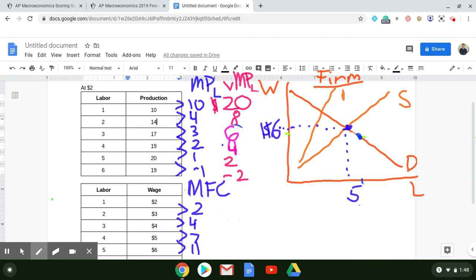We end up with a marginal factor cost right here. We're going to end up hiring this amount of labor, which in this case would be 3 units of labor.